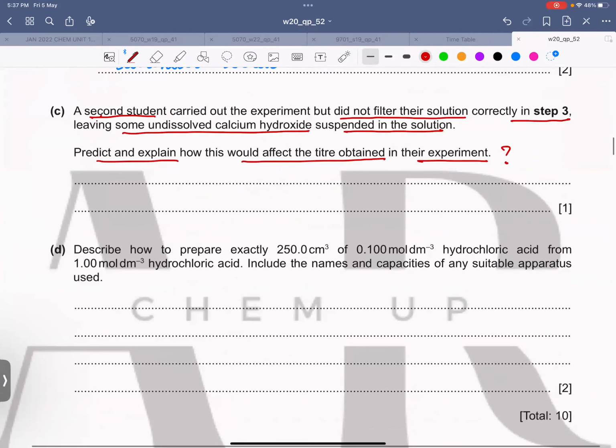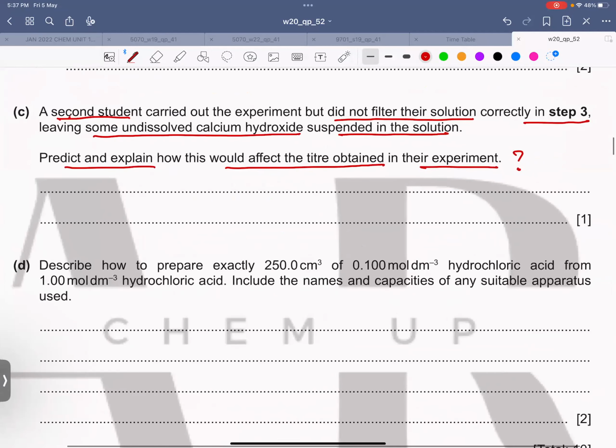It means that some undissolved solid is there in the solution, and then the student performs the titration. So how does it affect the titer? And when they say titer, they are talking about the volume. It would be obtained higher. Okay, good, Mariam. But why would it be higher? You have to explain as well.